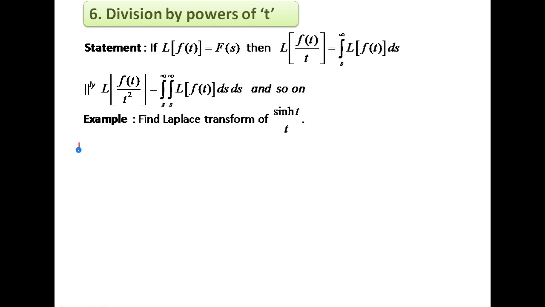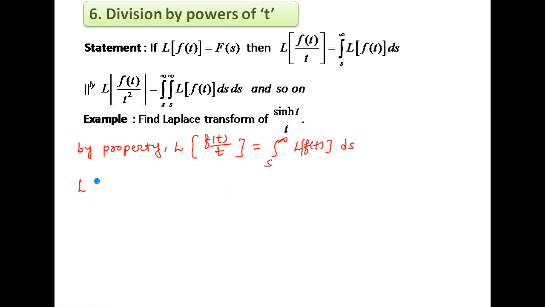So here we can use the property. By the property, as t is divided to this function, we can use the division property, and it is Laplace of f of t upon t equal to integration s to infinity Laplace of f of t ds.